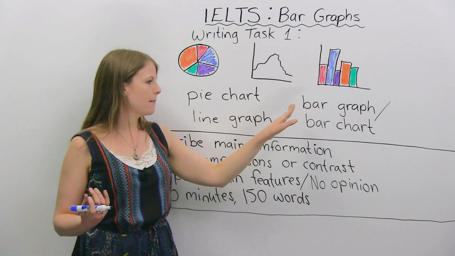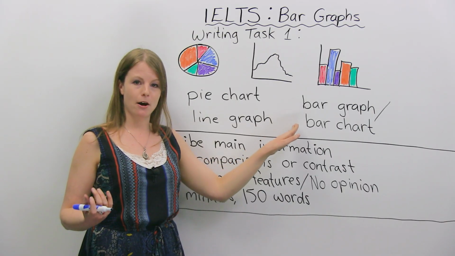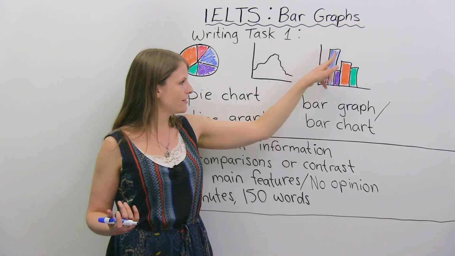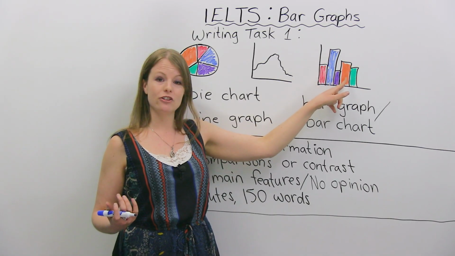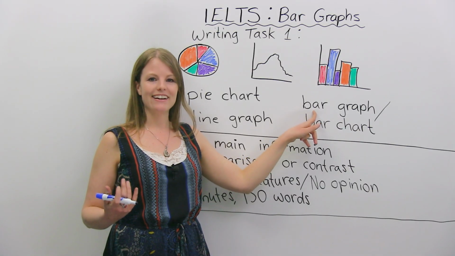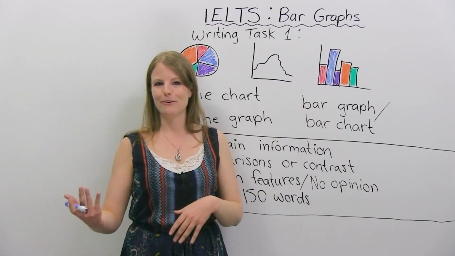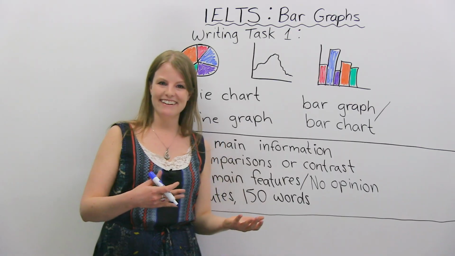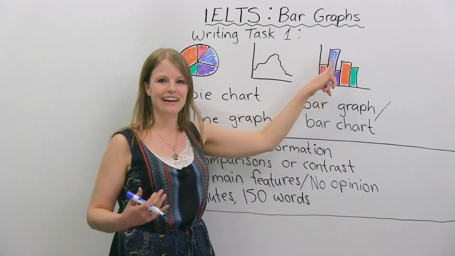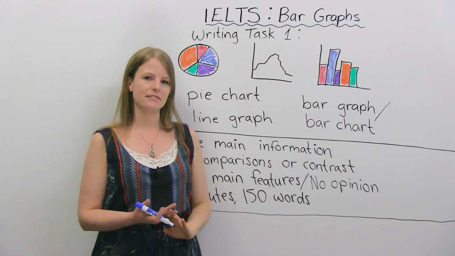This is called a bar graph or a bar chart. So we have here these rectangular shaped things that are each a different color. These are known as bars, okay? So I know a bar is a place you go to buy beer, but in this case, a bar is not that. It's actually this kind of rectangle on the chart.